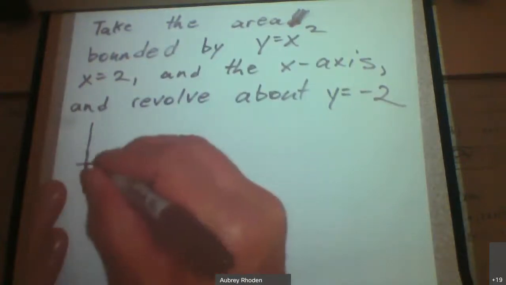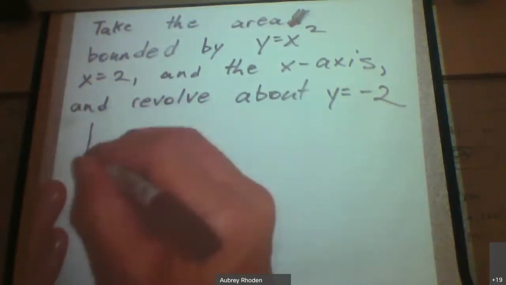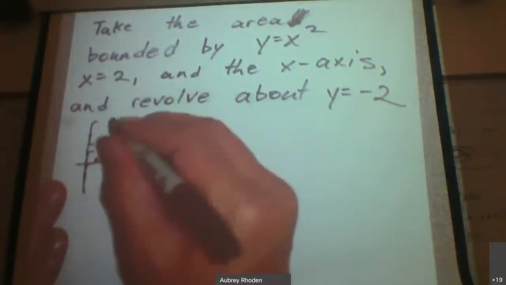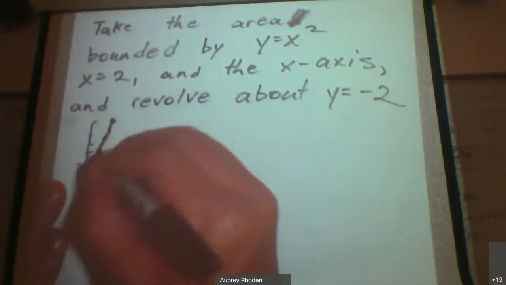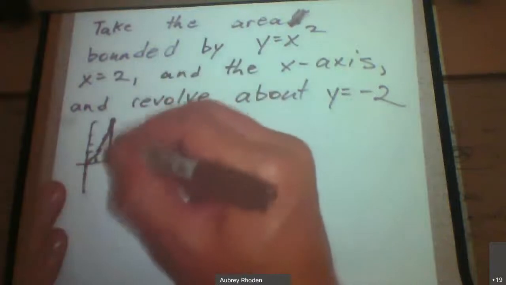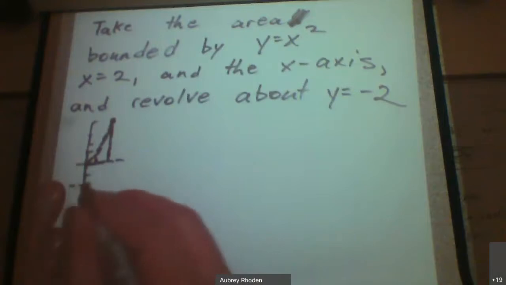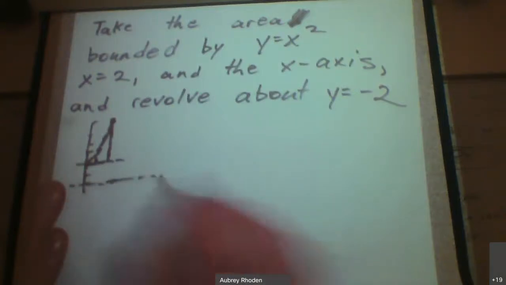We have 1 and 2, and then 1, 2, 3, 4. That's y equals x squared, x equals 2, and the x-axis about the line y equals -2.